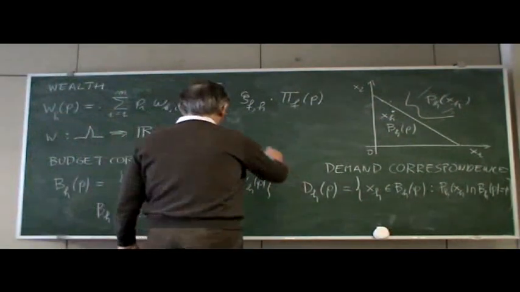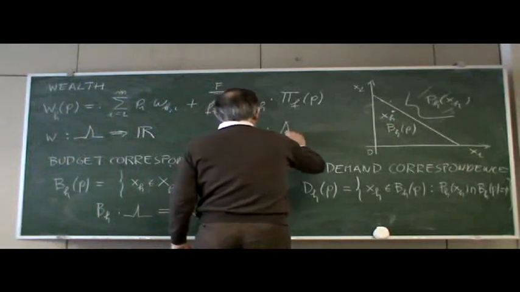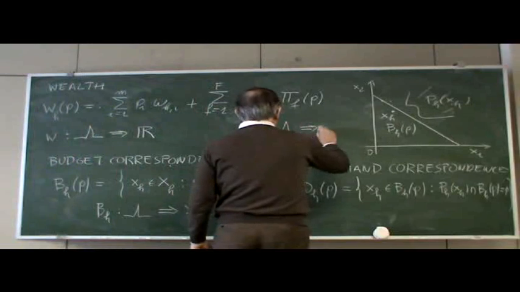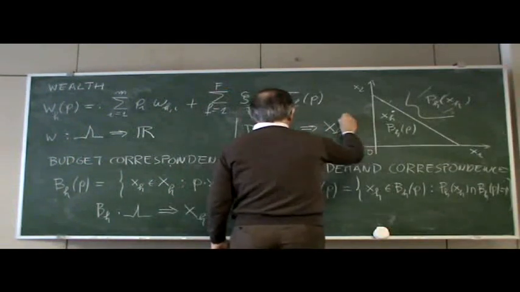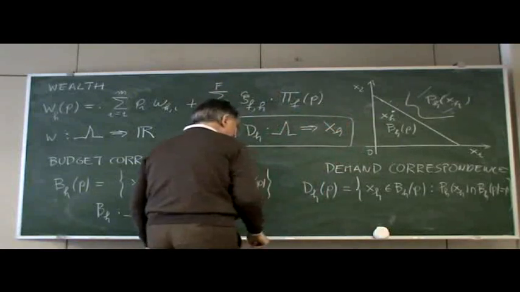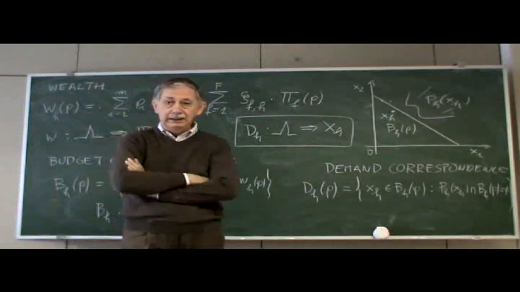So the demand correspondence will be defined in lambda and take values in the consumption set, to be precise. But note that this set could be empty.